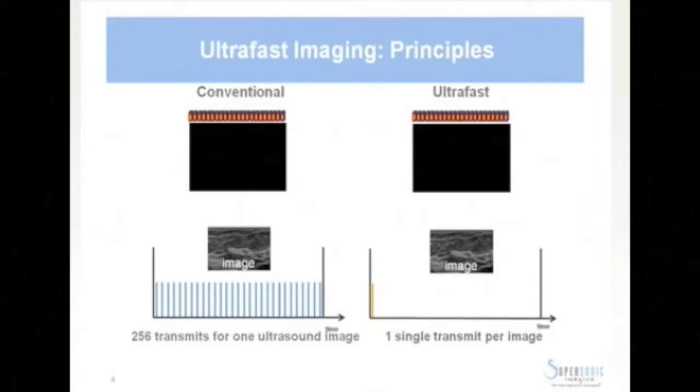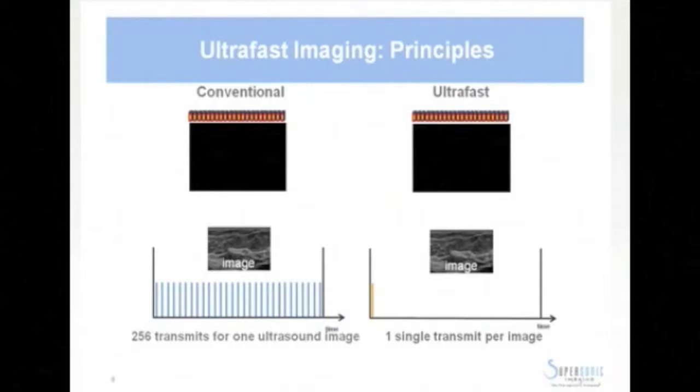So you can, in this way, increase the available frame rate by a factor of 100 on your ultrasound system. The concept is very simple, but of course behind that there are technological constraints that are unique, because you need to acquire and process at the same time all the lines of the image to perform ultrafast imaging.